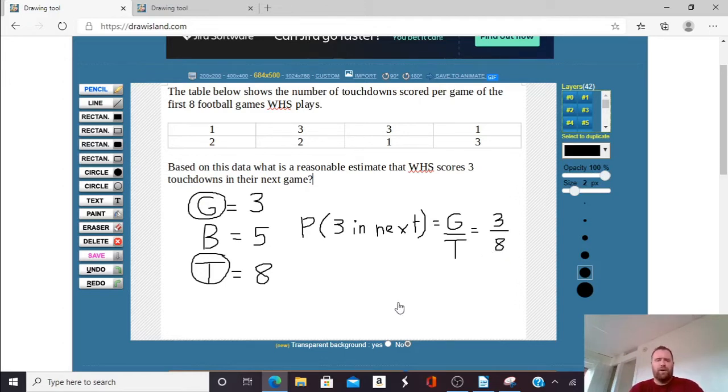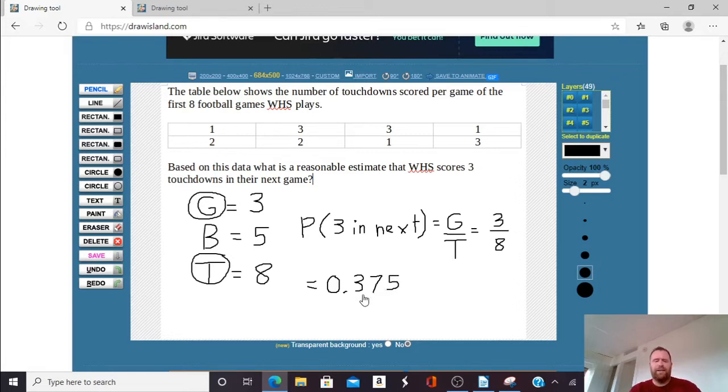Okay? You can also represent this in a decimal form. So if you divide 3 by 8 on your calculator, you're going to get it in decimal form, which is 0.375.